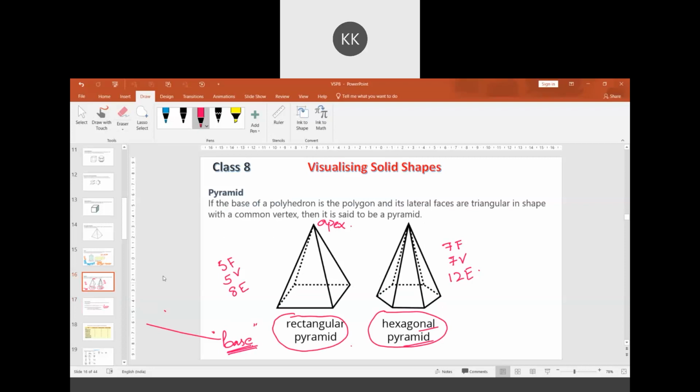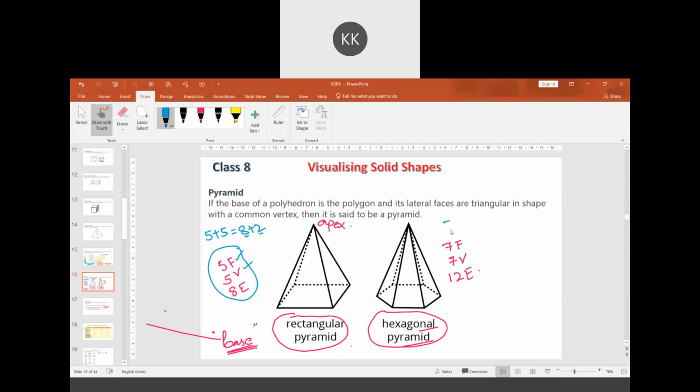Here you can see in the previous slide, I have mentioned the number of faces, edges, and vertices. If you see 5 plus 5, this will be equal to 8 plus 2. Number of faces plus vertices will be equal to number of edges plus 2.